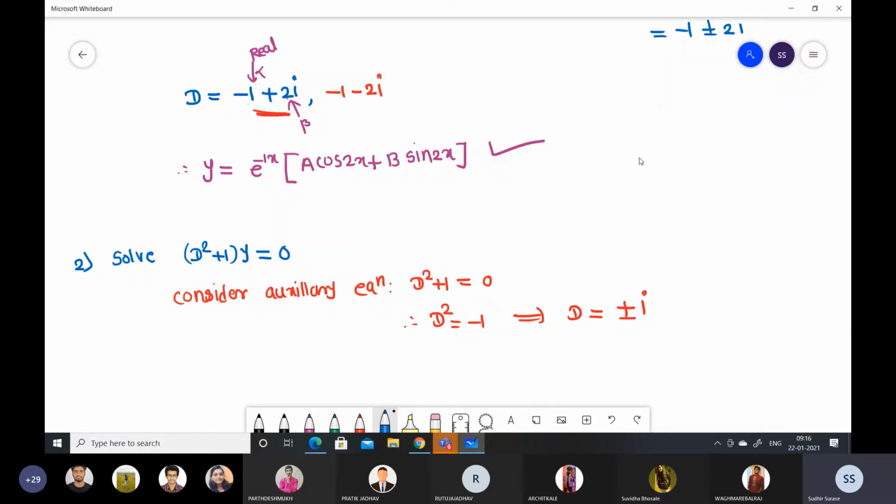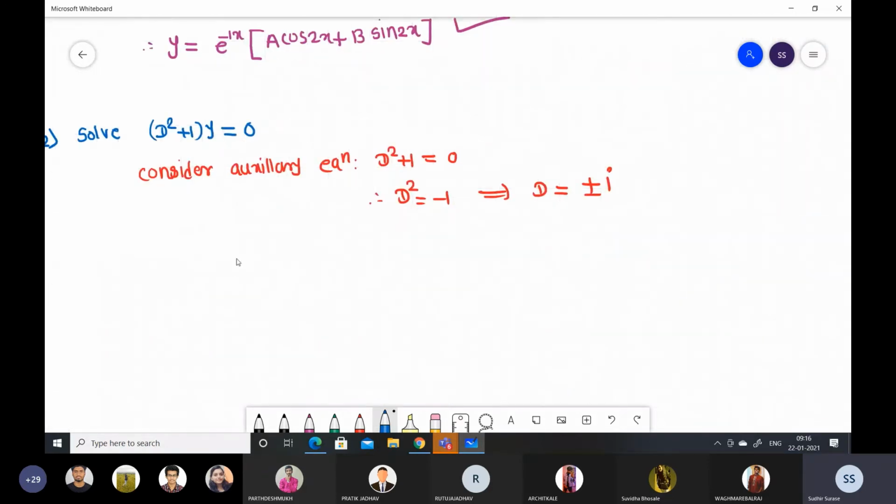So D is equal to plus minus i, and here we have to write the solution according to case number 3. D is equal to i and minus i are the roots, which are complex. So therefore y is equal to, just focus on the positive root, i. You can write this i as 0 plus 1 times i. I'm specifying a real part and imaginary part for this case.